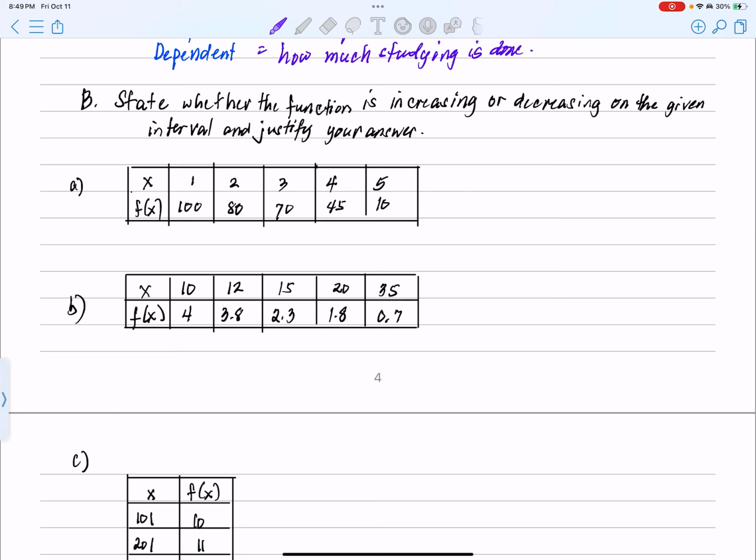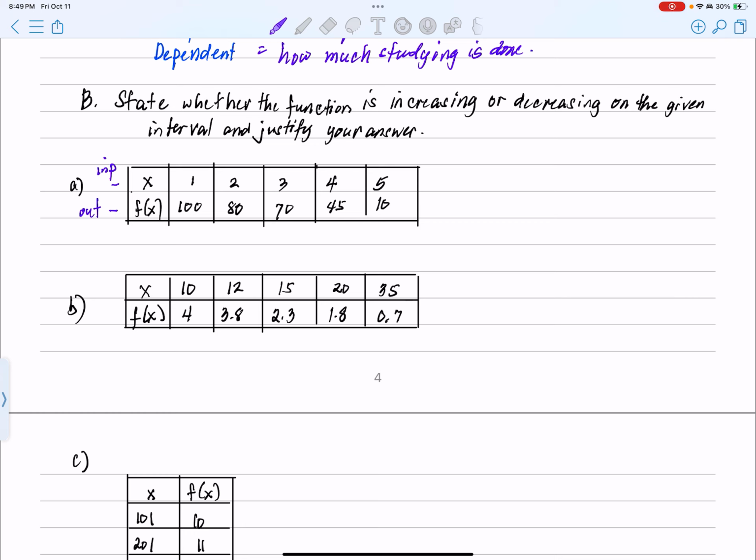If you look at the table, you are given a table. This is the f of x and this is the x. That means this is the input and that is the output. All right? In, out.